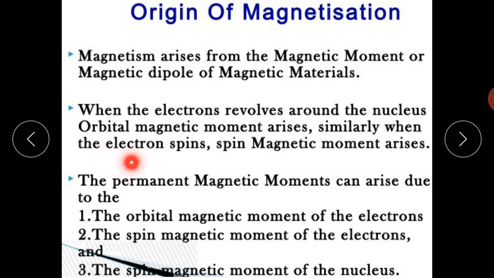Similarly, when the electron spins, a spin magnetic moment arises. The permanent magnetic moments can arise due to the orbital magnetic moment of the electrons, the spin magnetic moment of the electrons, and the spin magnetic moment of the nucleus.